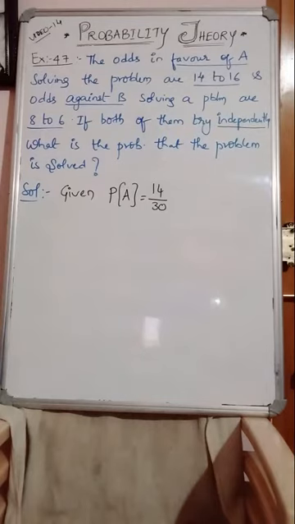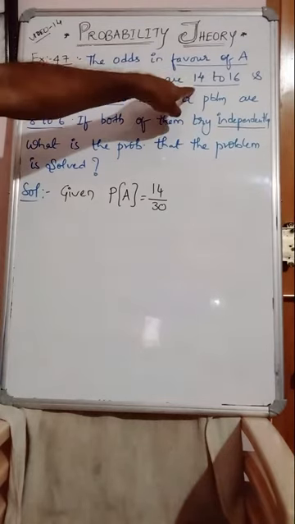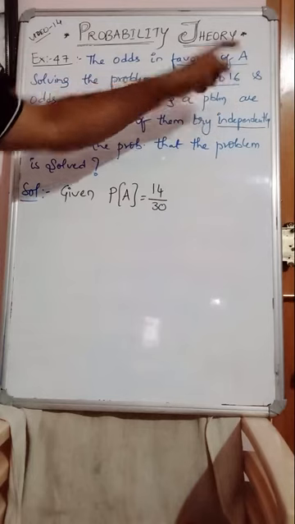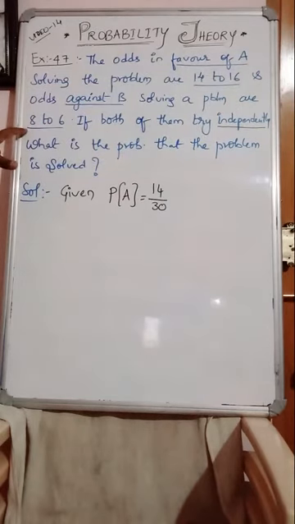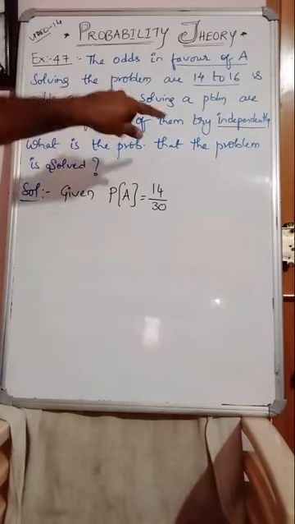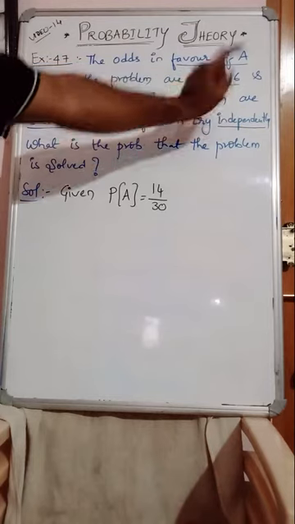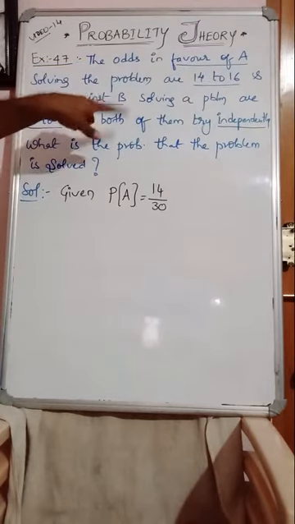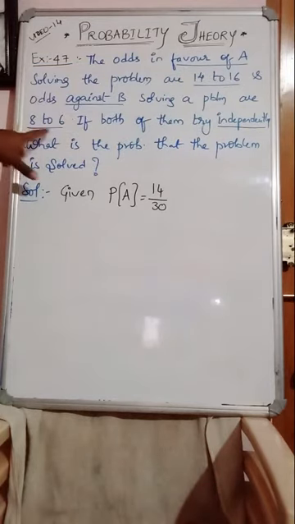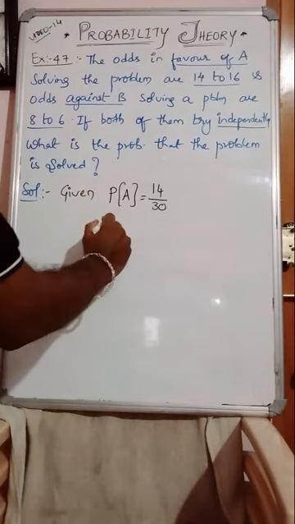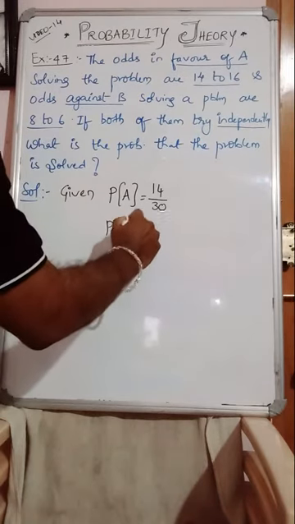Out of 30, 14. This 14 is favor and 16 is against, for A solving the problem. And here 8 is against, 6 is favor, because the question asks against. Here favor for A is 14, against is 16. Here against B is 8, favor is 6.